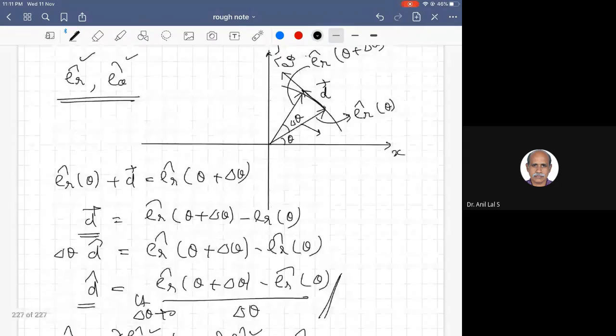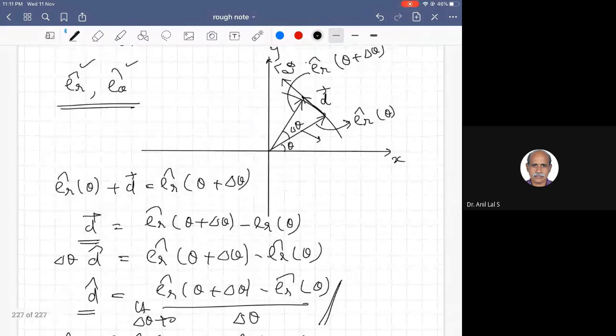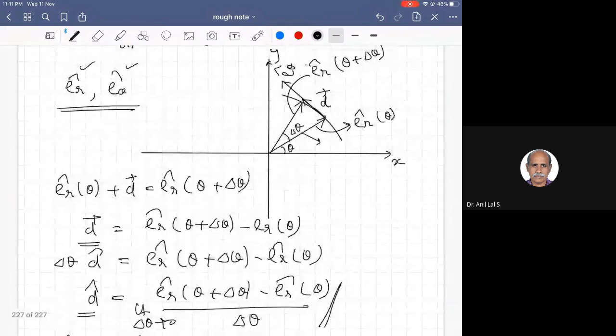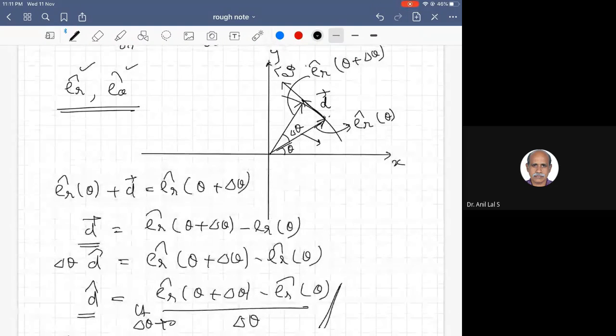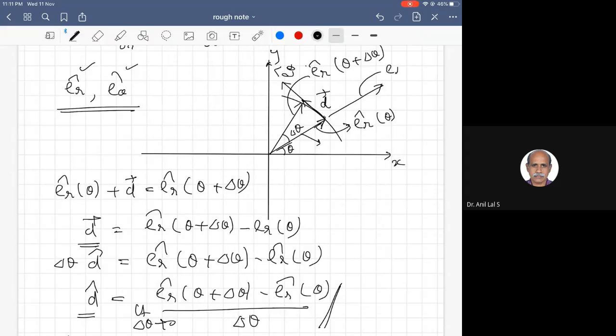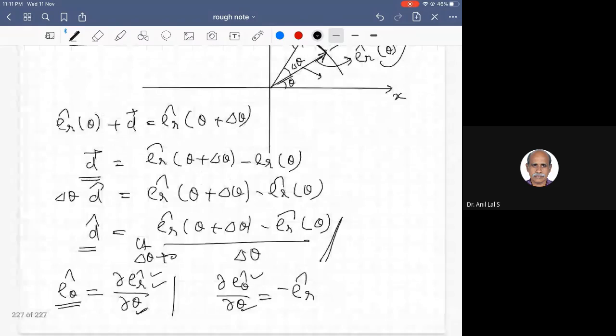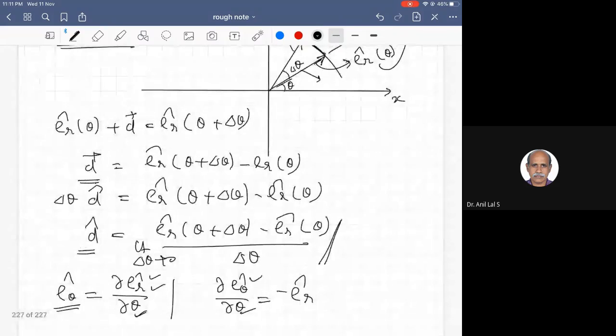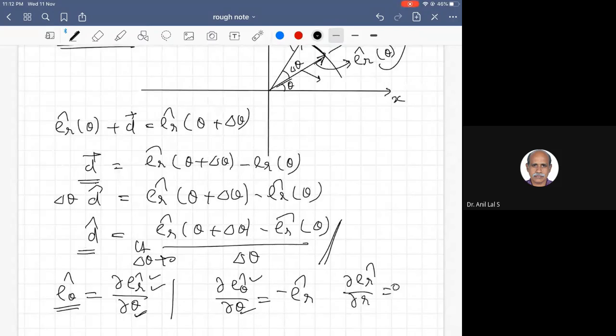Whereas if you draw a radial unit vector along the same angle at a shifted radius, these two er vectors are the same because they are parallel and equal. So there is no gradient in the radial direction. So dou er by dou r equals 0.